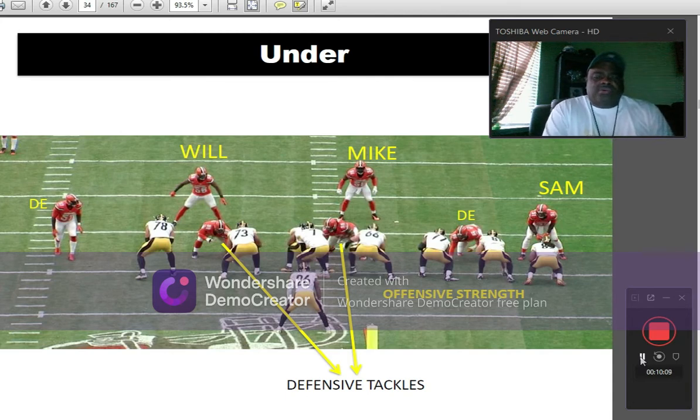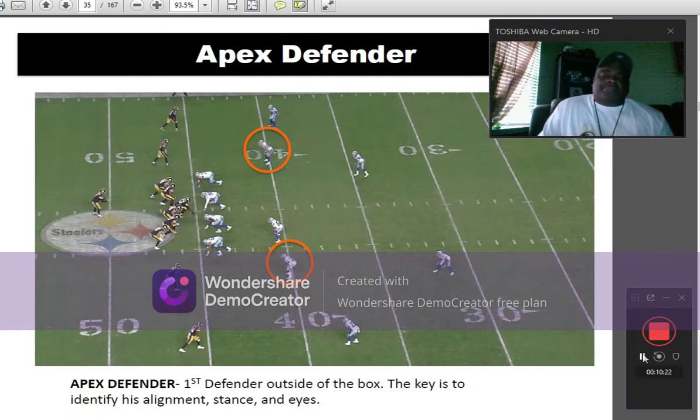And you see how the nose tackle and the tackle are playing? Look at the Mike and Will. Look how the other defensive end is. Now we'll talk about what is called the apex defender. He's just the two outside linebackers, or they could still be in a nickel formation.